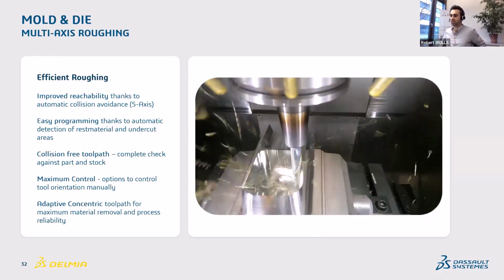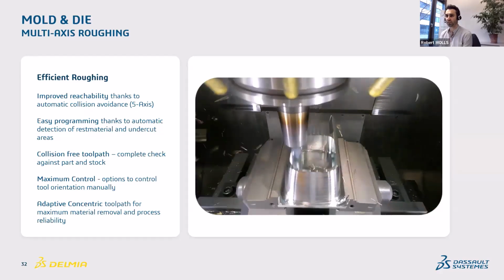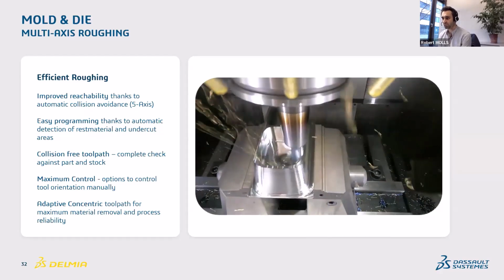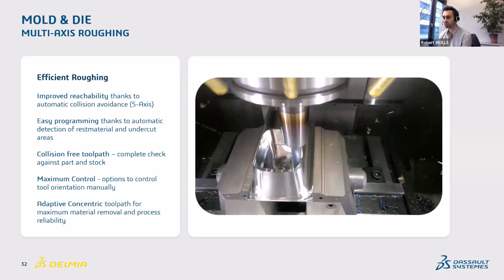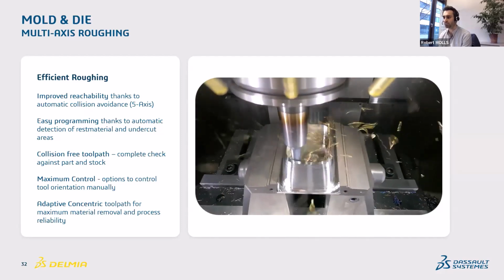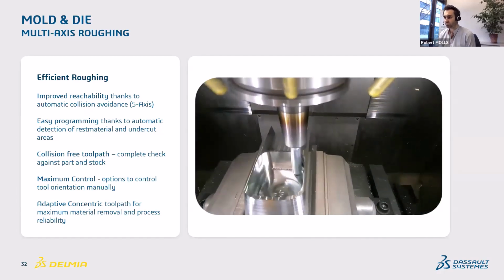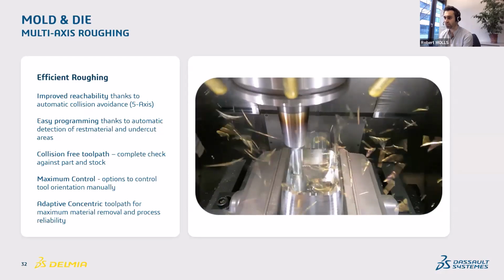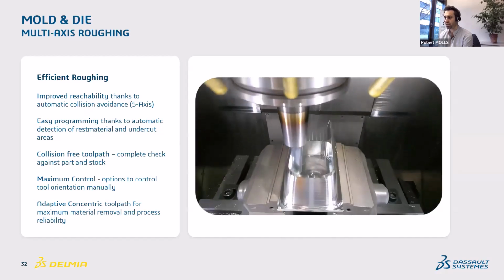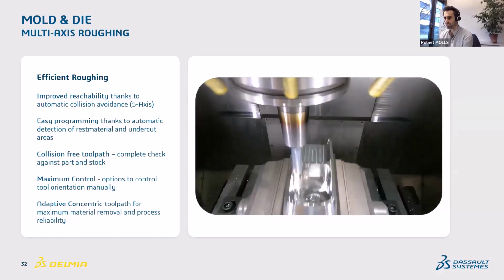Another interesting addition in the current release is the multi-axis roughing capability. So what we have here is a toolpath that stays 3-axis all the way, in all the areas where it's possible, but for example, it detects undercut areas, and in those areas we are using 5-axis motions to get in there.